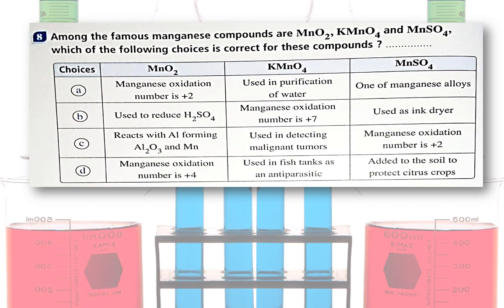Each one of them has different properties, and the uses of each one will be important. So the main use of potassium permanganate depends on its antiparasitic presence, as it is used in fish tanks as an antiparasitic compound. Manganese dioxide here, its manganese oxidation number is positive 4. And manganese sulfate is added to soil to protect citrus crops.